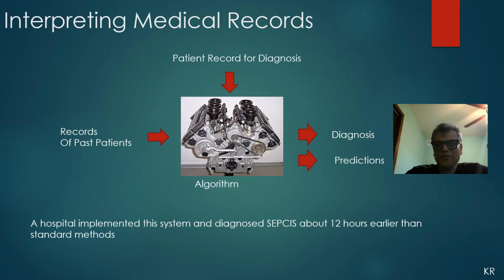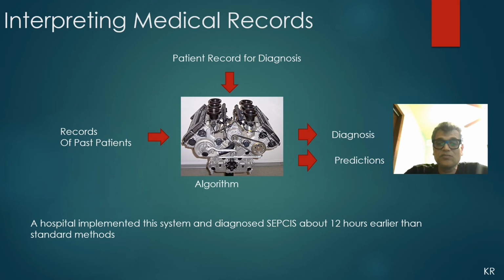This is another example of using machine learning algorithms for interpreting medical records and looking for medical conditions to help the diagnosis. In this particular case, a hospital built a system to diagnose sepsis by leveraging records of past patients who had sepsis and using them in conjunction with records of current patients to determine whether the patients had sepsis.